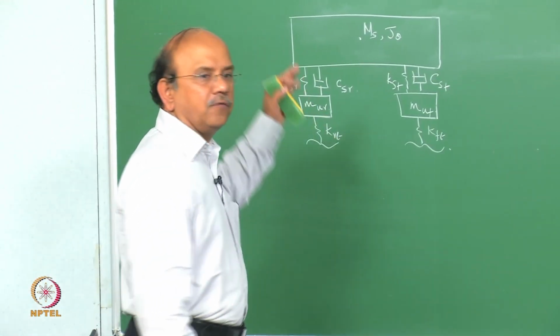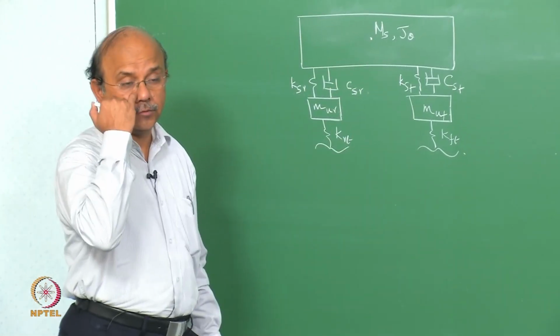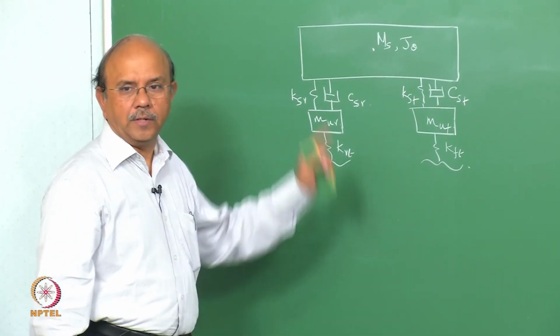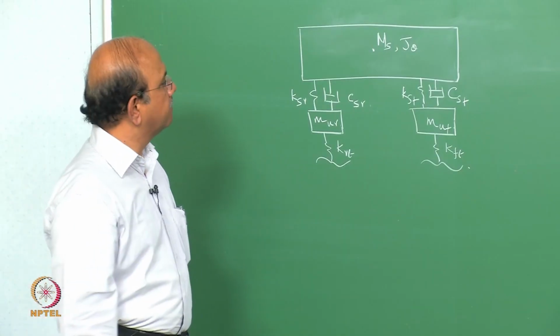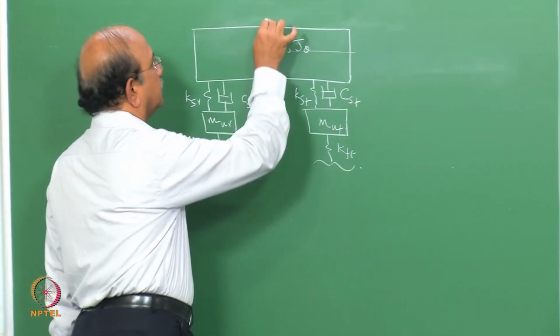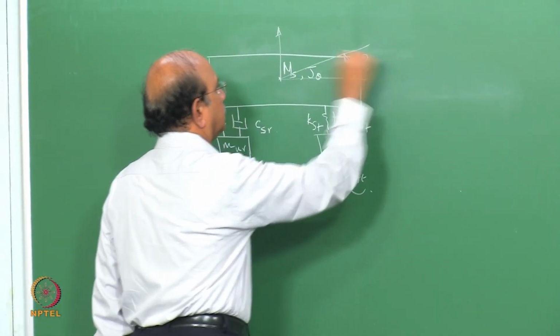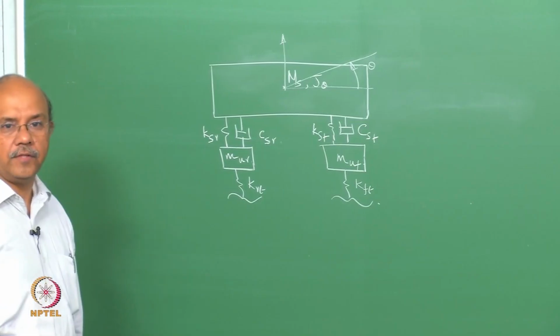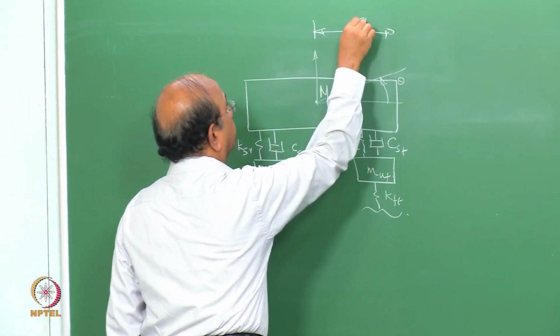Notice that we are going to have theta, which is pitch, can be considered as one of the degrees of freedom. So we are also putting J theta in our analysis, so that theta can be considered in the analysis, and we'll follow the same thing as we had done before.